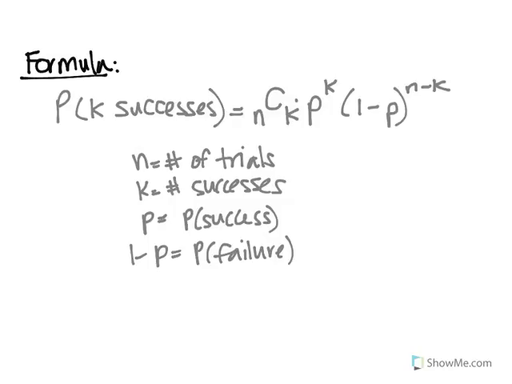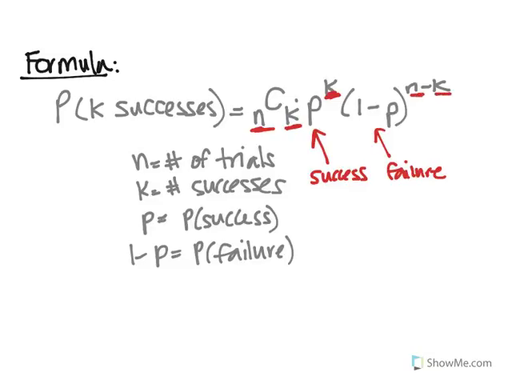If you look at the formula, p is the success, and this part is the probability of the failure. Then you have your number of trials, n, and this is the number of successes you want, k. So if you have 10 trials and you want 5 successes, you'd have 10 choose 5 here, and this exponent would be n minus k.